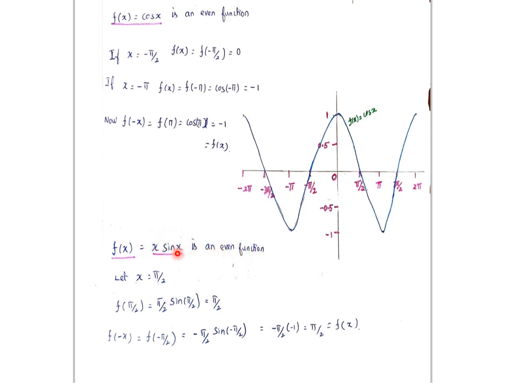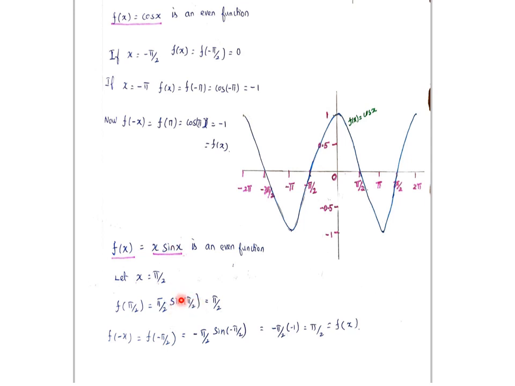Here let us prove that x sin x is an even function. For a particular value x equal to pi by 2, f of pi by 2 equal to pi by 2 into sin of pi by 2.